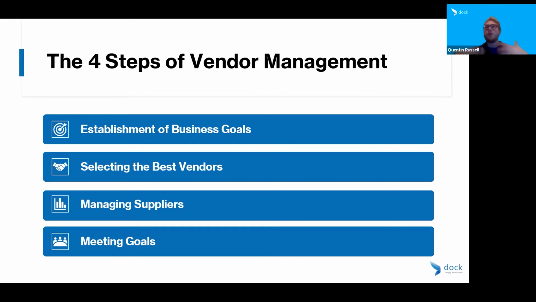This is not always something that you can do. There are certain vendors that you go to where that's not exactly feasible. Like if you're using Office 365 and SharePoint, you're not going to be able to call up your local Office 365 Microsoft sales rep and be like, hey, how's it going? Because they're so massive.